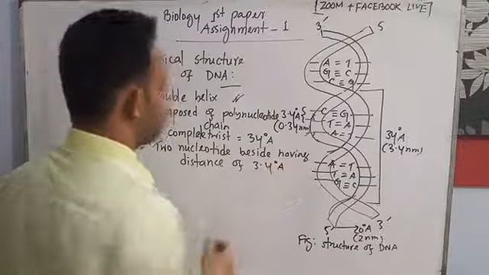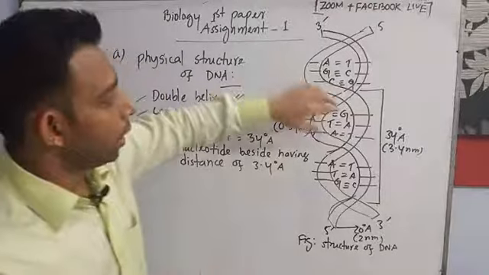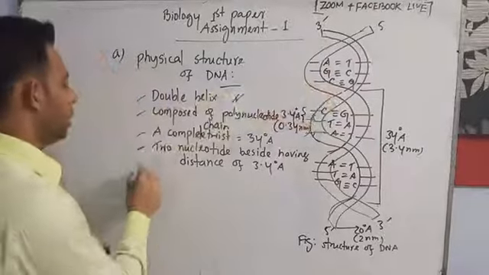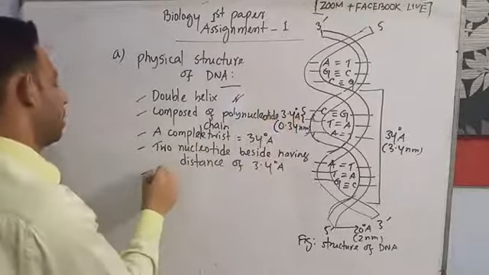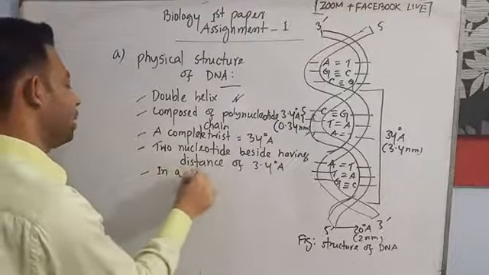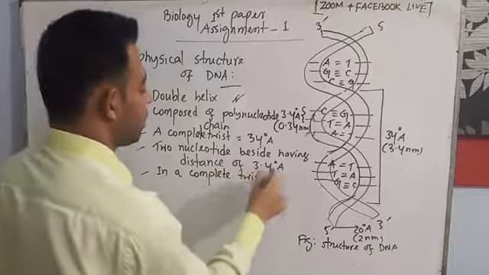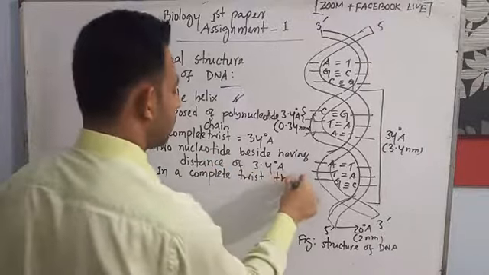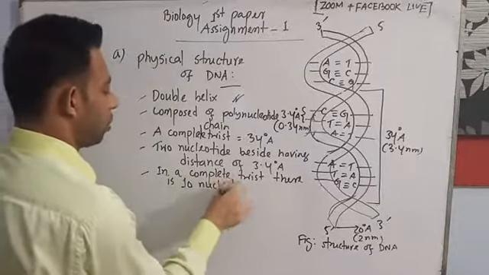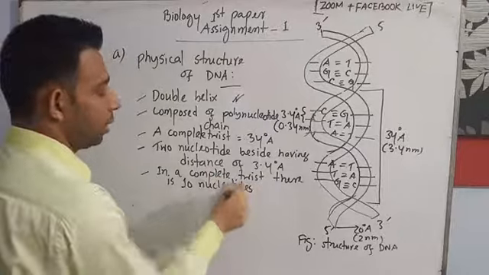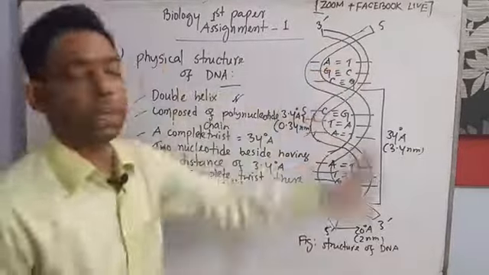Many students keep it in mind by memorizing, but no, look here: there are 10 nucleotides in a complete twist. If it is a complete twist, there is 1 2 3 4 5 6 7 8 9 10.